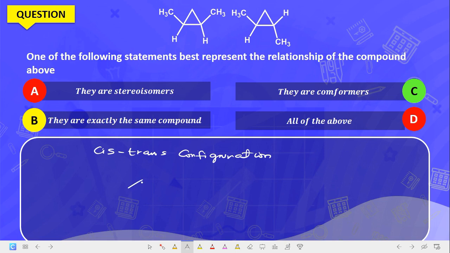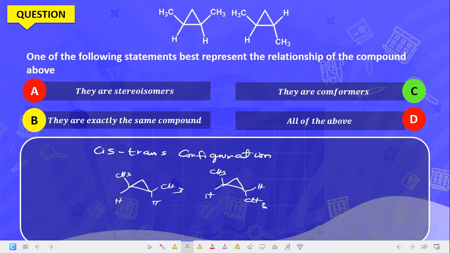If you take the compound out here, this is CH3, this is H, this is CH3, and this is H. CH3, H, H, and CH3.